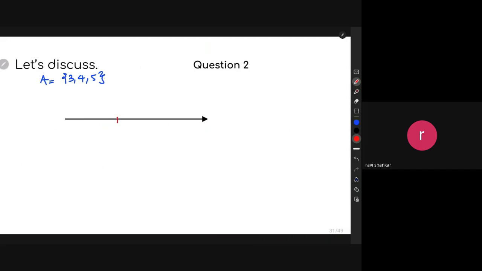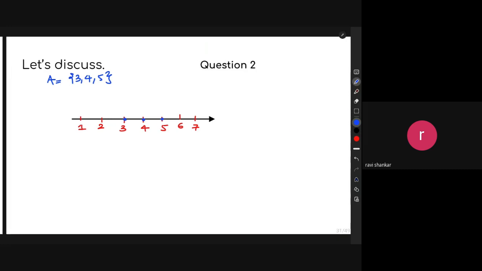Let me draw those elements 3, 4 and 5, and 2, 6, 1, 7 and so forth. On this real line, these three points are in my A. Can you tell me an element which is larger than every element of A, or larger or equal also?